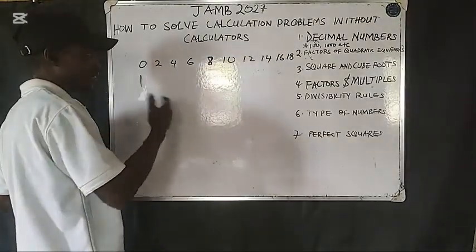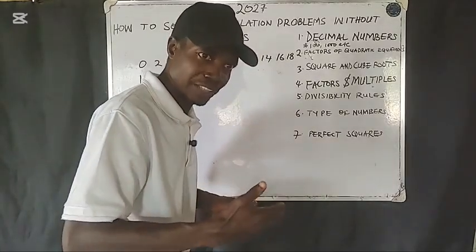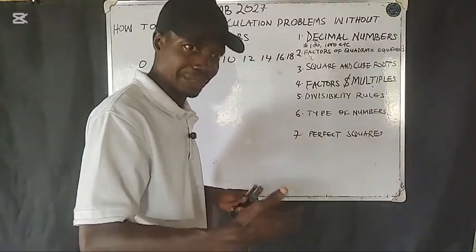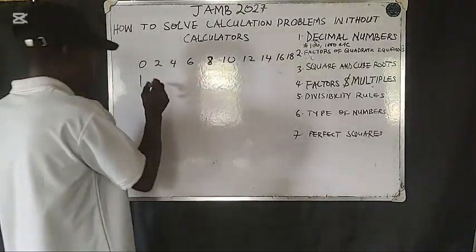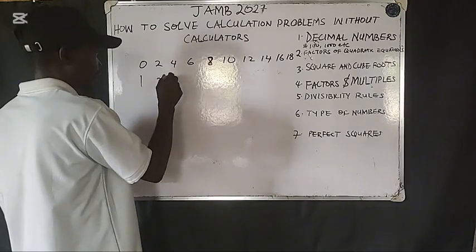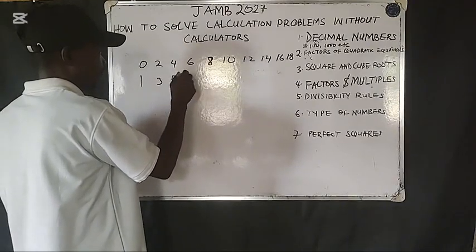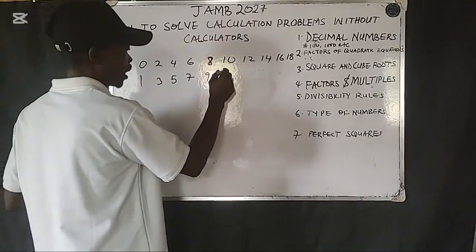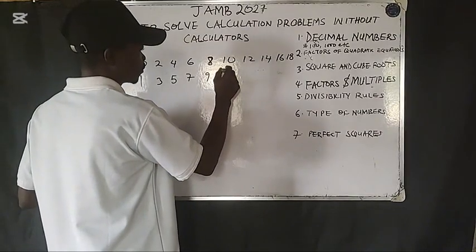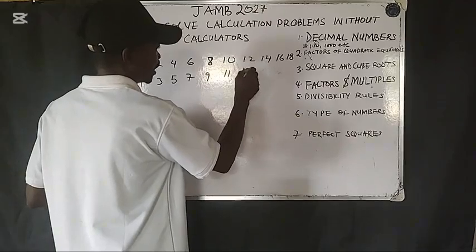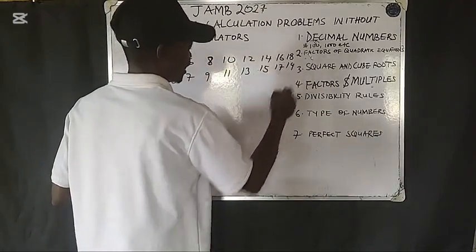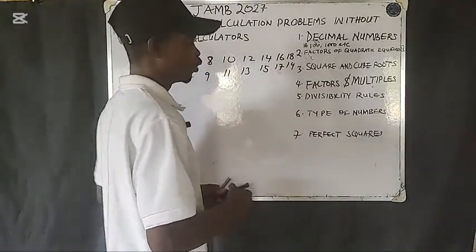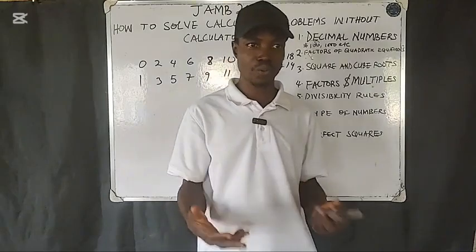And just as even numbers progress by 2, odd numbers also progress by 2. So 1, 3, 5, 7, 9. Am I right? Next one will be what? 11, 13, 15, 17, 19. Even 21, and so on and so forth.